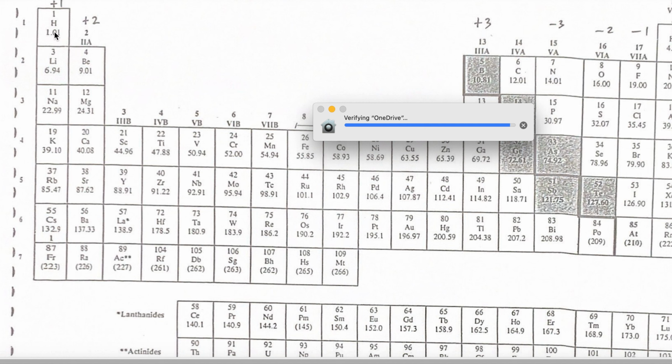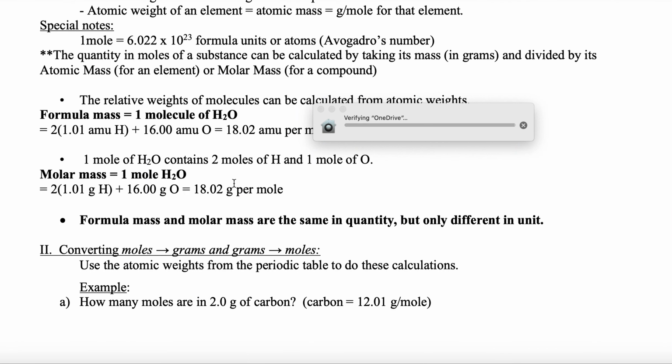It's a decimal number. So always have that periodic table handy. Hydrogen is 1.01 multiplied by 2 plus 1 oxygen, that's 16. So we got 18.02 AMU, so that's per molecule.